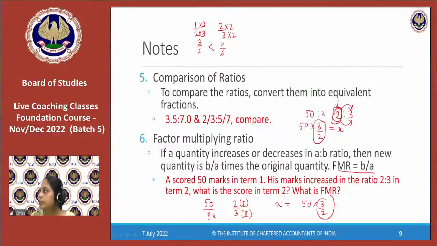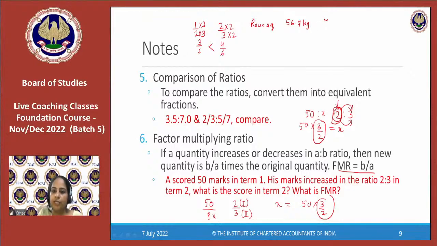What I'll do is, for factor multiplying ratio itself, we have an illustration in your study material. It says there's Ronak, whose weight is 56.7 kgs, and he wants to reduce his weight.